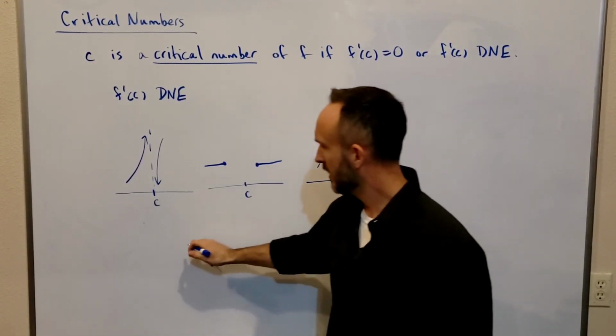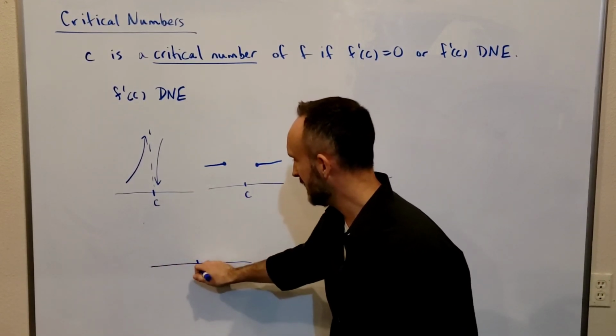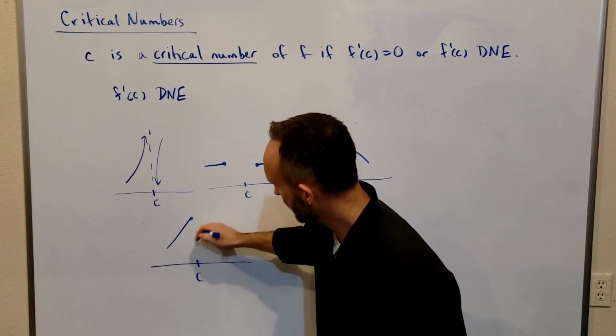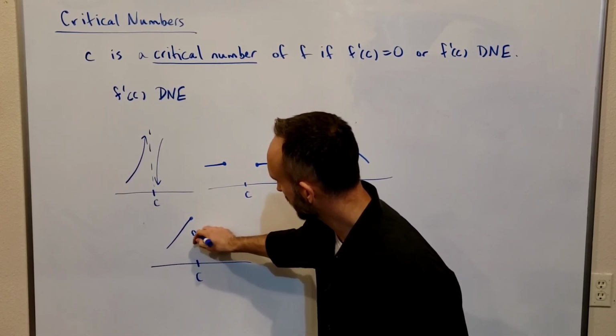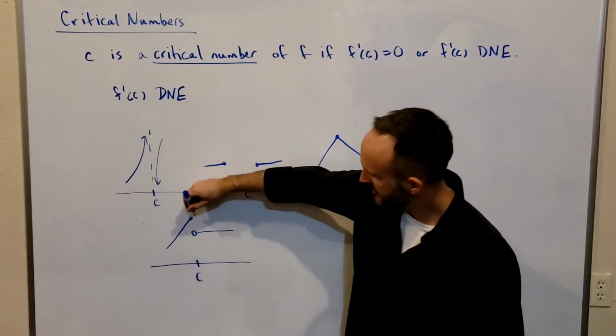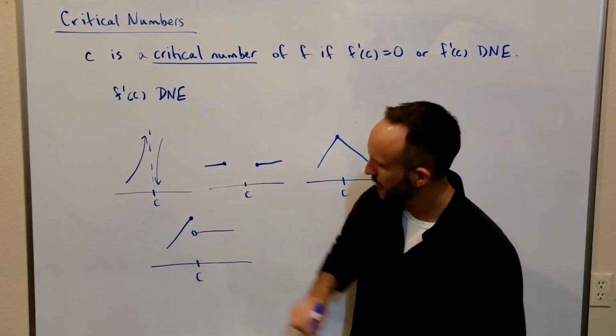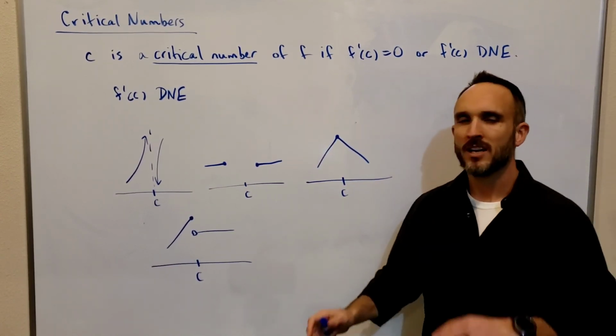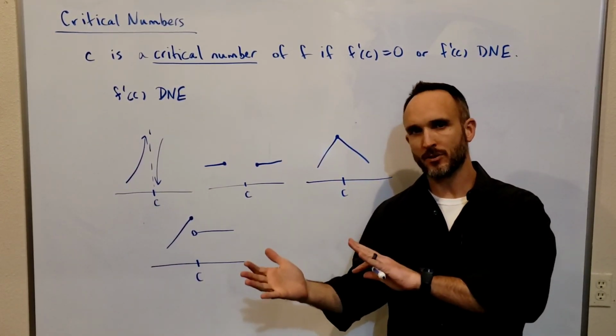The function could be defined at C, but it could be discontinuous like this. So that's not differentiable either. And you can see here that we have a relative maximum at C also, which is slightly different than this case. So there are examples where the derivative equals 0.